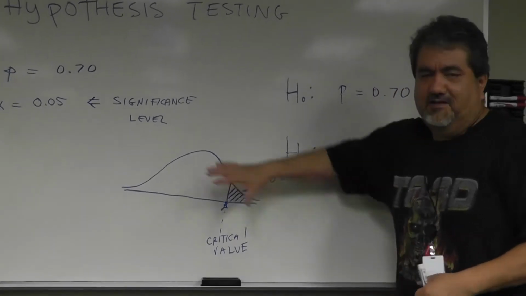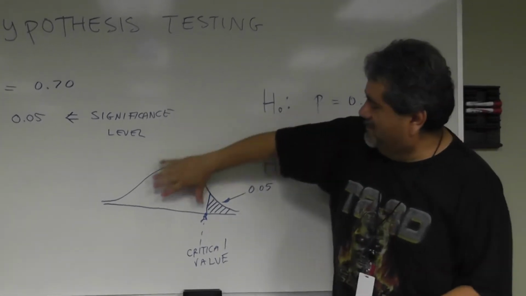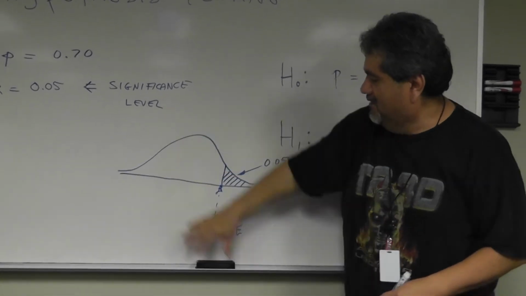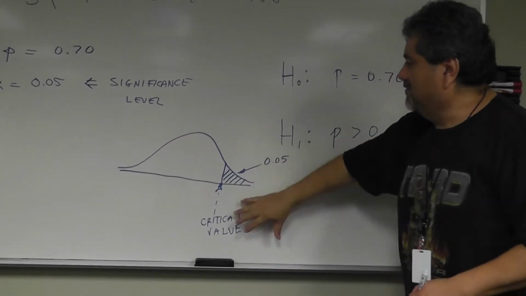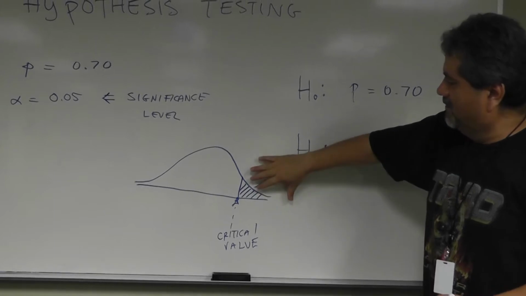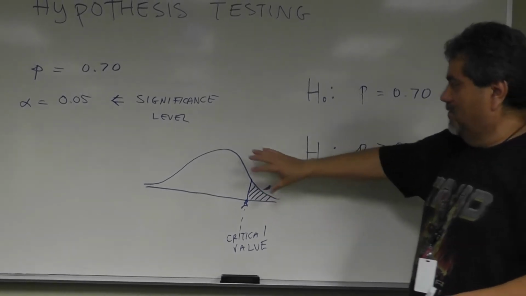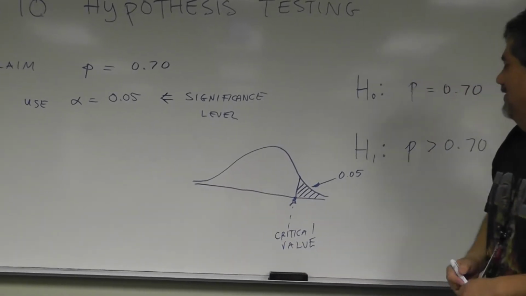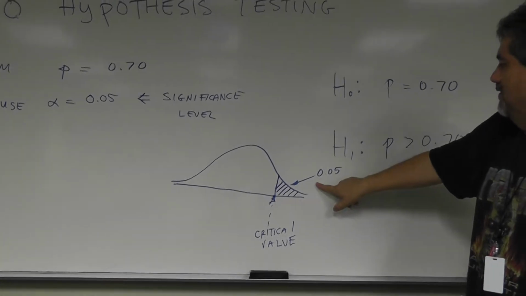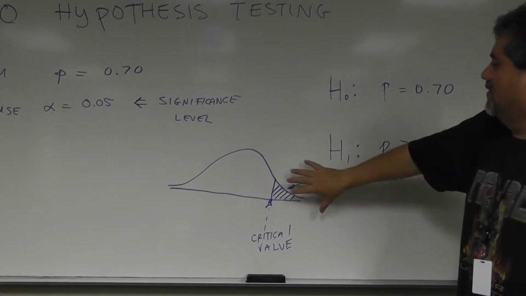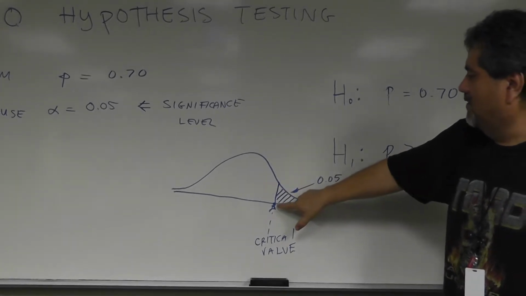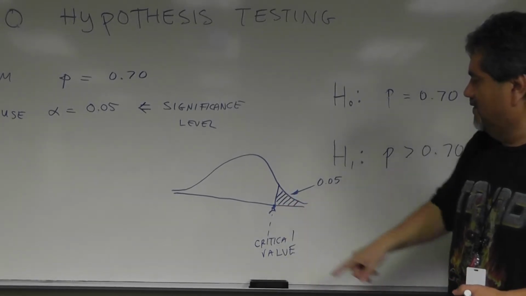But there will always be two areas, the null hypothesis area, which is in this area, and the alternative hypothesis area, which will be either on the right-hand side like this one, or on the left side. And this 0.05 determines the alternative area, and we need to find this point. And we are going to find this in a minute.